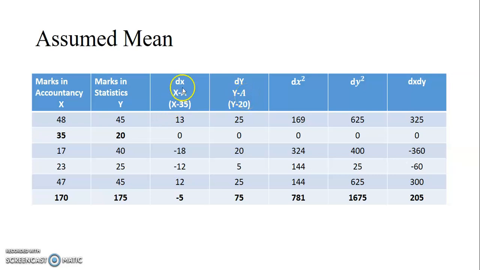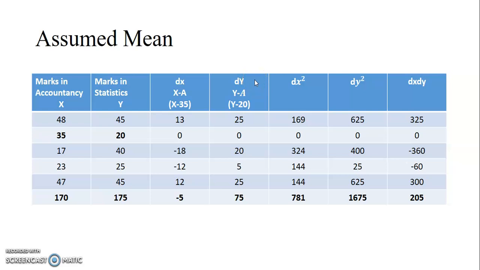So like that we have to calculate dx, x minus 35. So 48 minus 35, 35 minus 35, 17 minus 35, 23 minus 35, then 45 minus 35. Now we can sum up the dx. So sigma dx is minus 5.